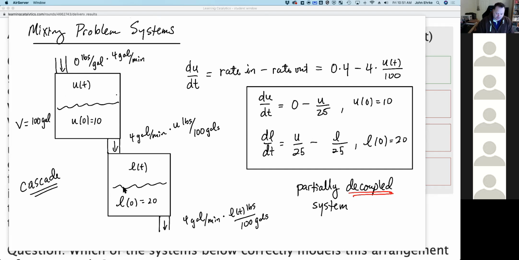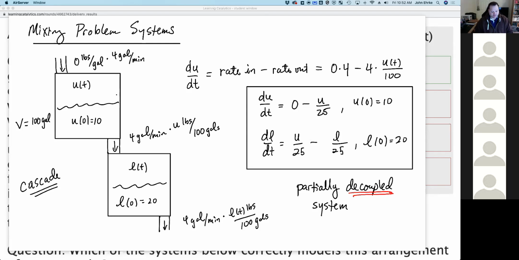I might ask you a question like, what physical arrangement of the tanks would create a coupled system? What would it have to look like in order for this system to be coupled? If both tanks depended on each other.